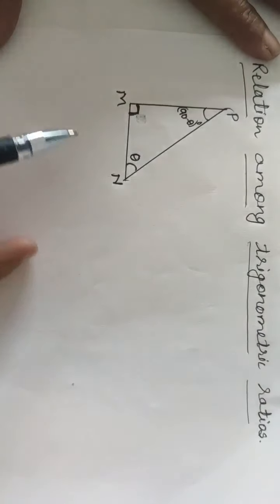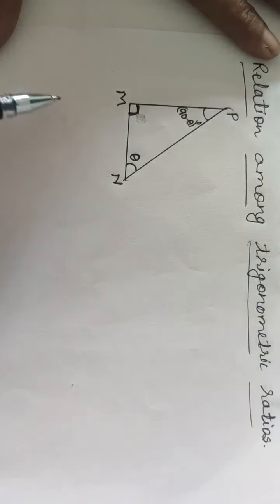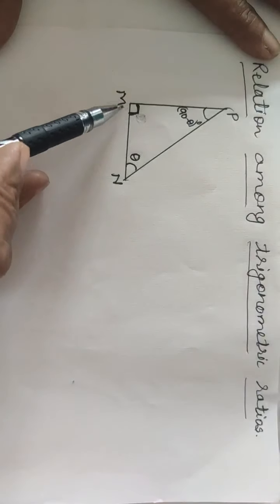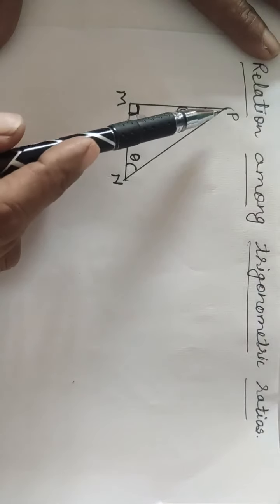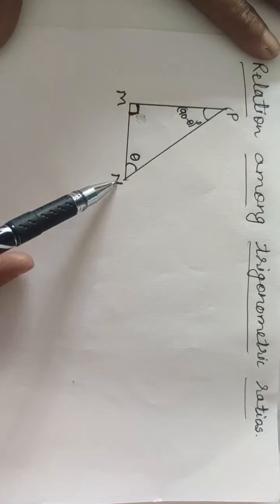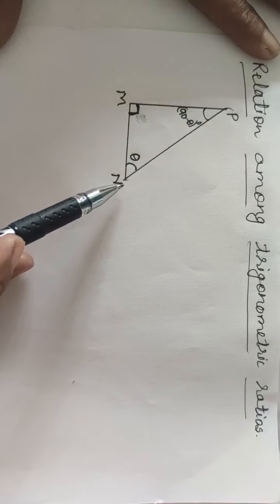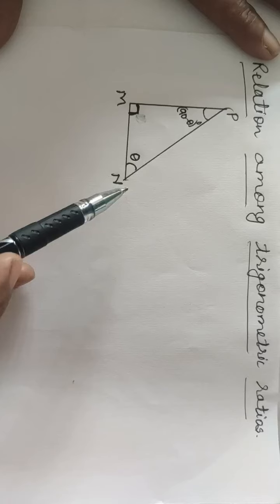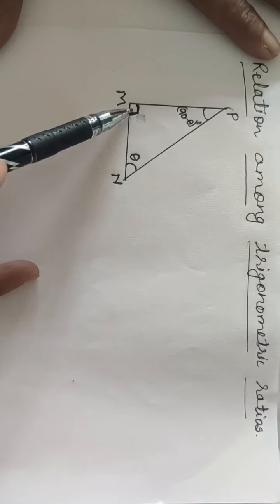Here is a right angle triangle I have drawn, as you can see. Angle M is equal to 90 degrees, and angles P and N are complementary angles. Complementary angles means the sum of these two angles is equal to 90 degrees.